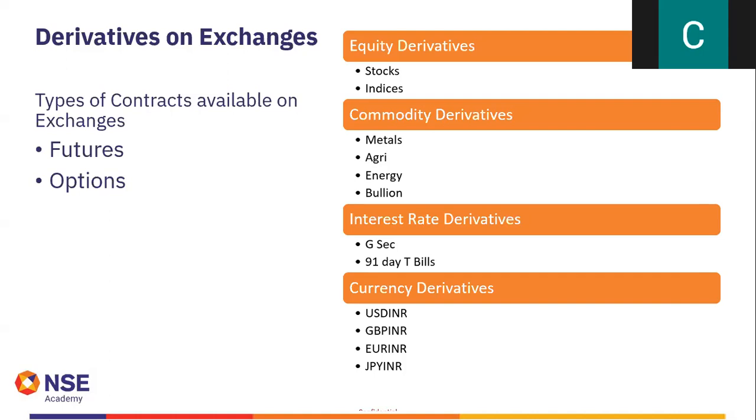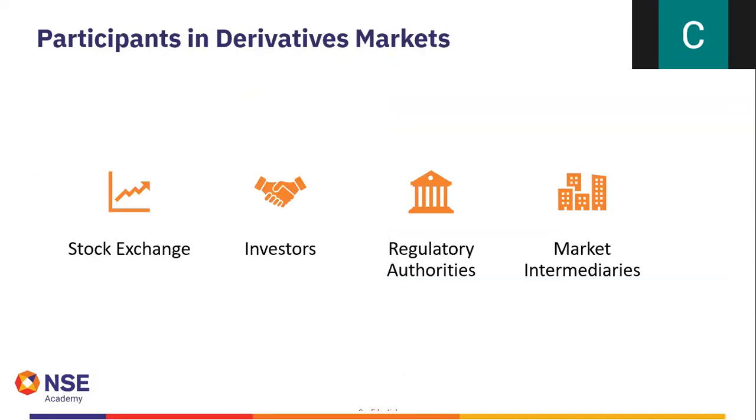And under interest rate derivatives, you have the government securities, that is GSEC and 91-day T-bills. And under currency derivatives, you have these 4 currency pairs available: USD INR, GBP INR, Euro INR, and Japanese Yen INR. So based on the underlying, the segmentation has been given like equity derivatives, commodity derivatives, interest rate derivatives, and currency derivatives.